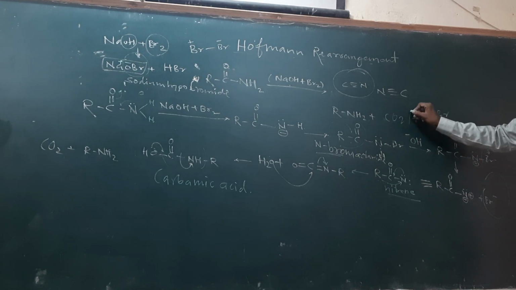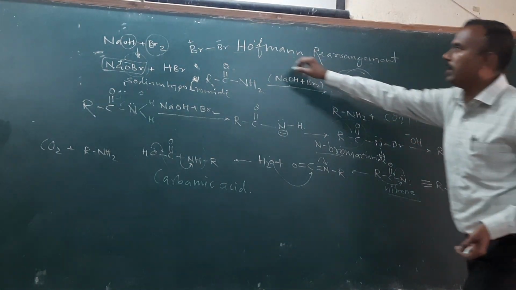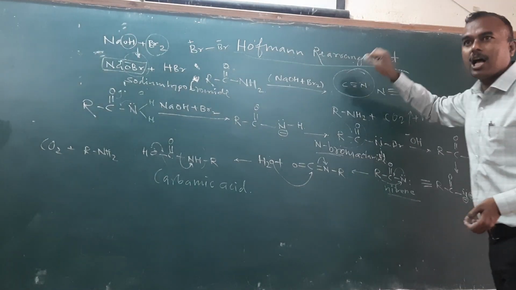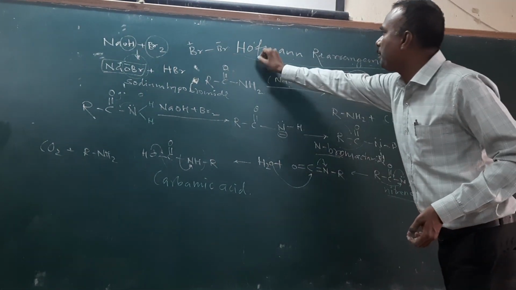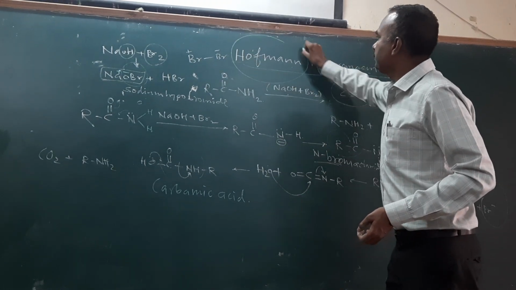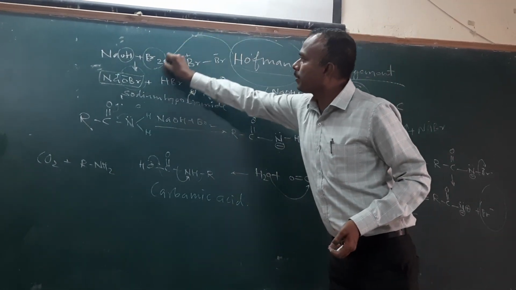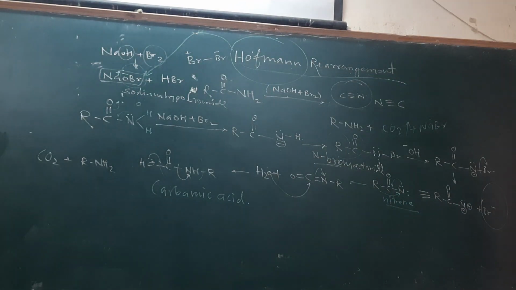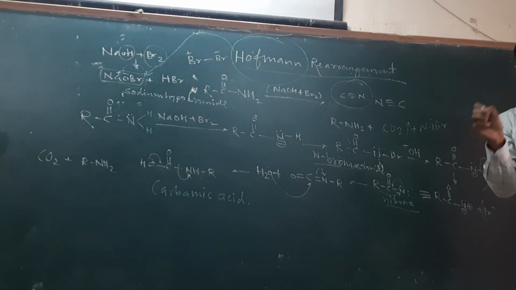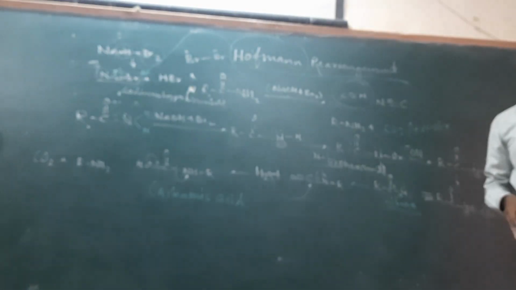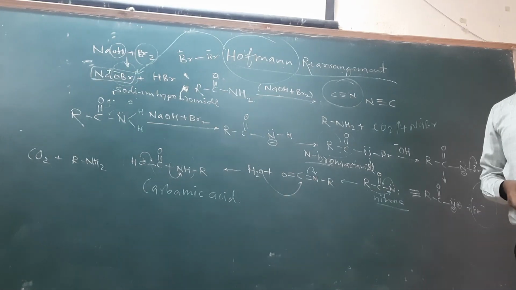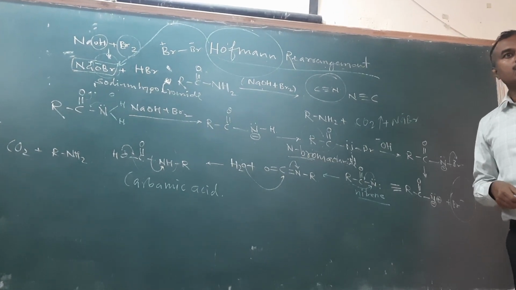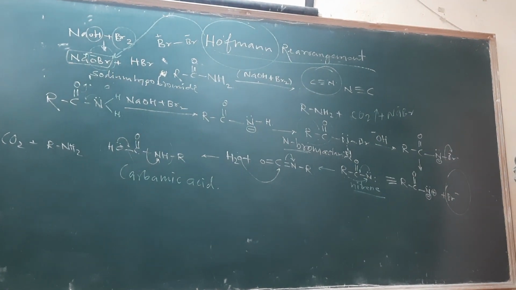So this is your Hofmann rearrangement. This Hofmann rearrangement is also called the Hofmann bromide rearrangement. Either this rearrangement is called the Hofmann rearrangement or the Hofmann bromide rearrangement.